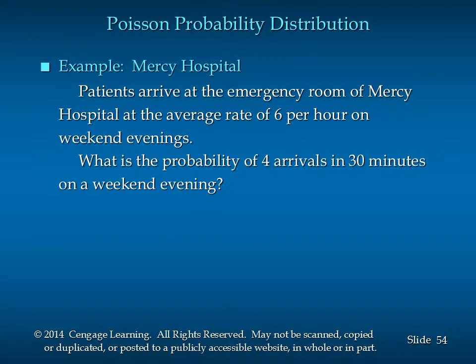Let's call it maybe $100 an hour. Do you want 2 people who are making $100 an hour there when you only need 1? Of course not. But if you get 3 people or 4 people or 5 people coming in the emergency room at the same time, is 2 docs going to be enough? Maybe. But if you get 40 people in at the same time, 2 docs aren't going to handle it. So you have to staff up accordingly.